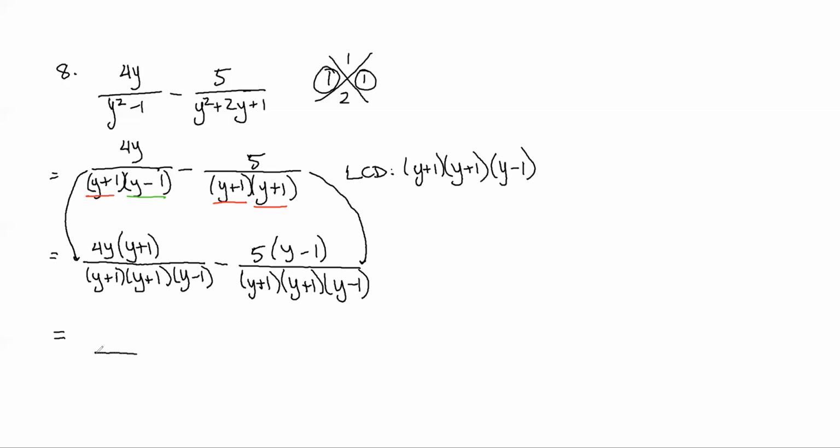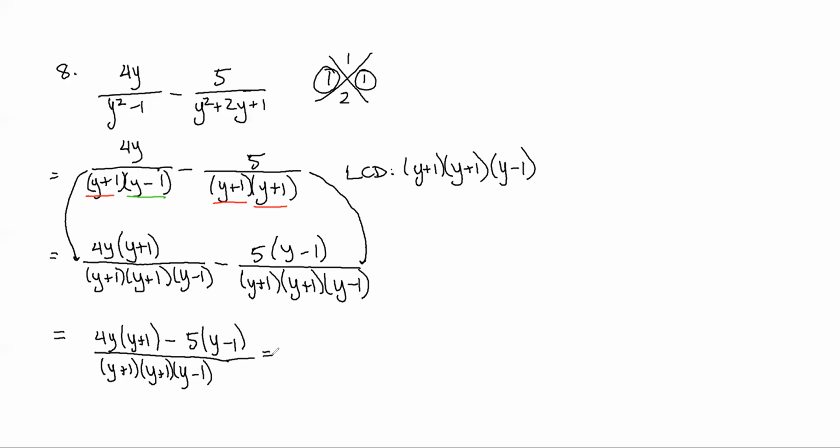So I'm going to keep our denominator. And now I'm going to read from left to right so that we don't mess up with this minus sign here. So we have 4y times y plus 1 minus 5 times y minus 1.